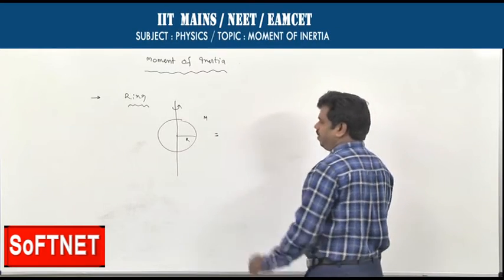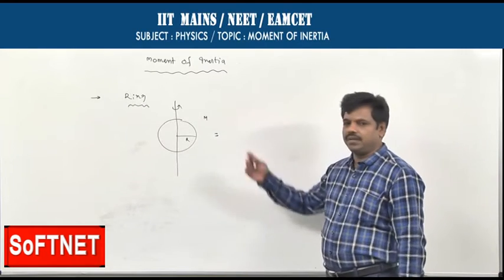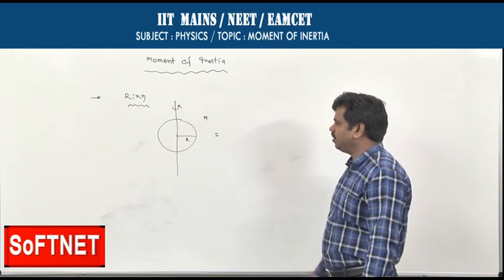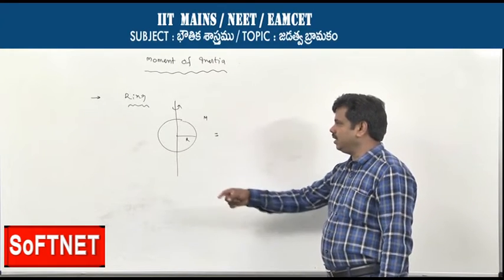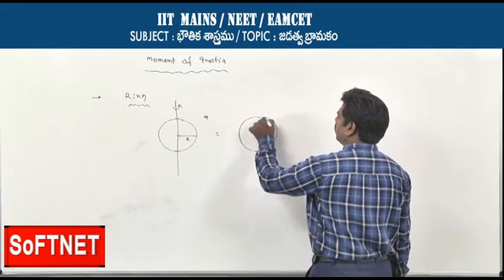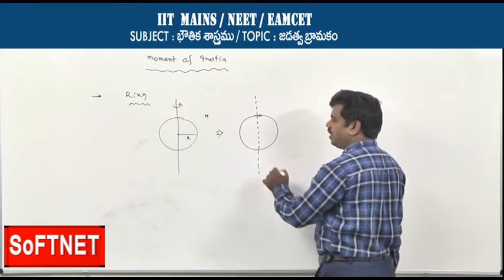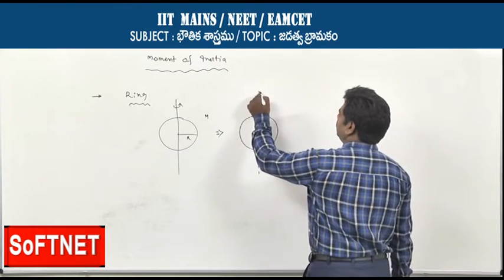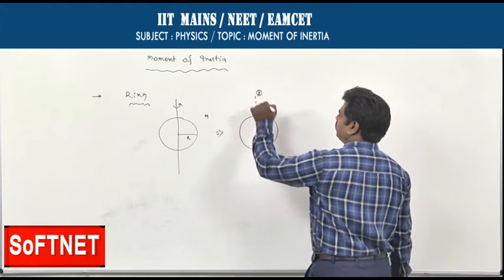Now, by making use of the perpendicular axis theorem, easily we can find out the moment of inertia of the ring about that axis of rotation, that is about the diameter. You see how? Now this is the one axis, that is about the diameter. Let me call that the y axis.